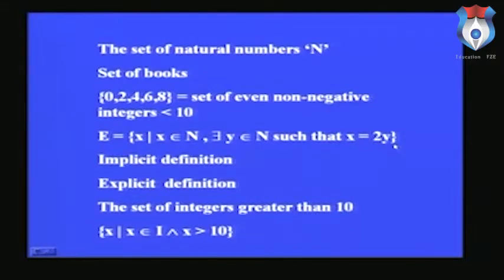Now, you are using a predicate to define E. Such a definition is known as implicit definition, whereas a definition of this form is known as explicit definition. So, a set can be defined using explicit definition or implicit definition.